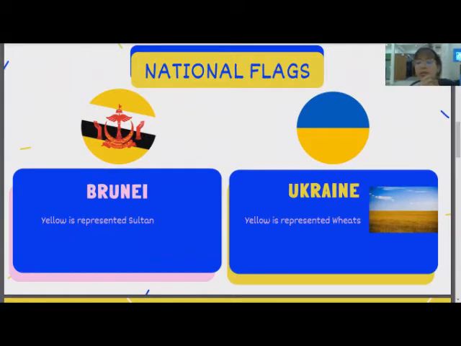So people in this country avoid using this color on other flags. And for Ukraine, it represents wheat, because there were many fields of wheat in this country, and it is a symbol of prosperity.